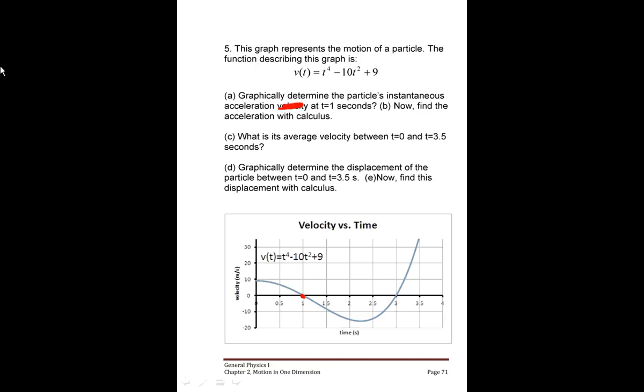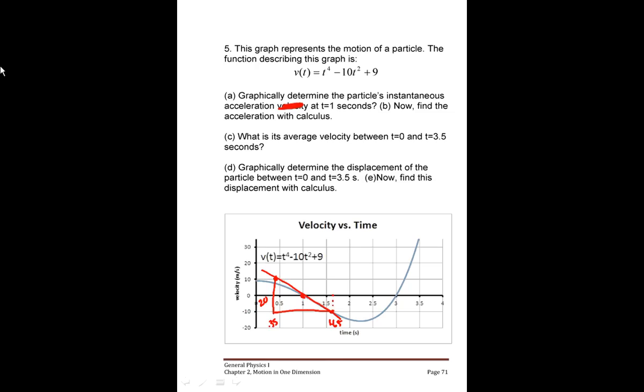So I want to know the instantaneous acceleration at t equal 1 second. That is right here. You might want to use a ruler. I used a ruler in my notes to draw a line that's tangent, and then find a good triangle. I found the rise of this triangle to be negative 10 to 10, so it's 20, and then the run to be 0.35 to 1.65, and there was a little bit of judgment call there on the x-axis.